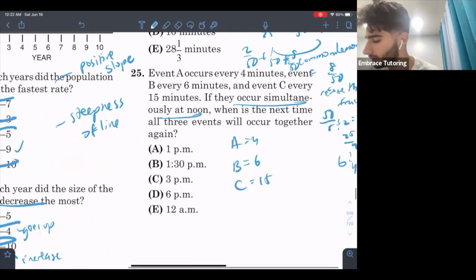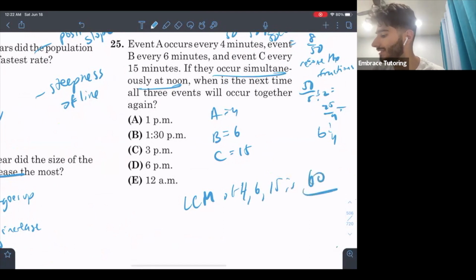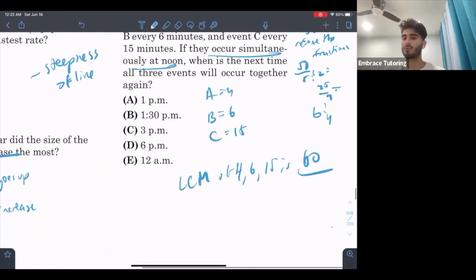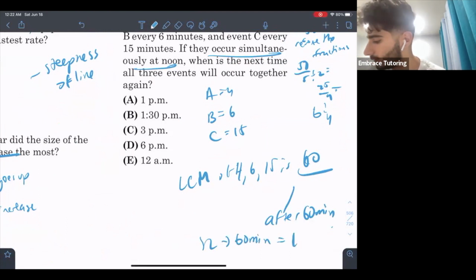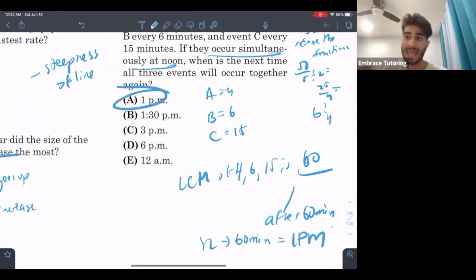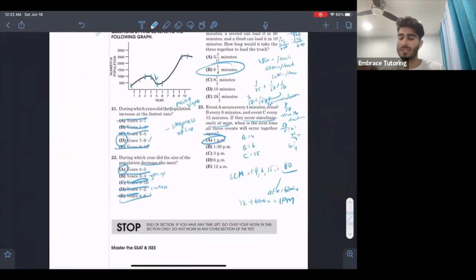This is least common multiple again. The least common multiple of 4, 6, and 15 is 60, meaning the next time they occur is after 60 minutes, so 1 p.m. Choice A. And so we are done with the math portion of the SSAT for practice 2.